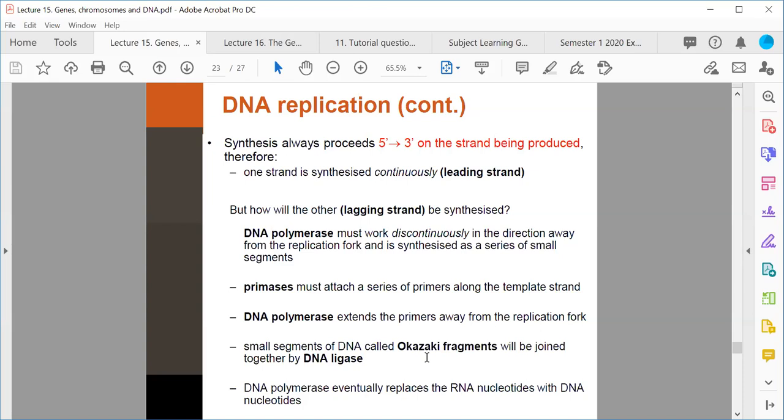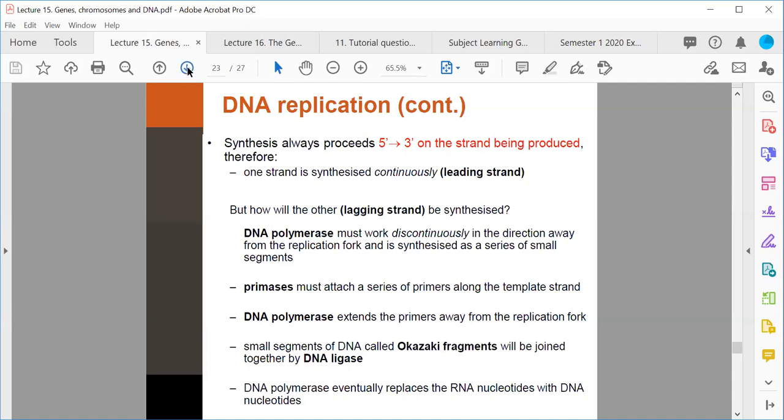Eventually those little RNA primers have to be removed and filled in with DNA nucleotides, and then those short fragments of DNA are all joined together by another enzyme called DNA ligase. As I said, those RNA nucleotides of the primers are replaced with DNA nucleotides.